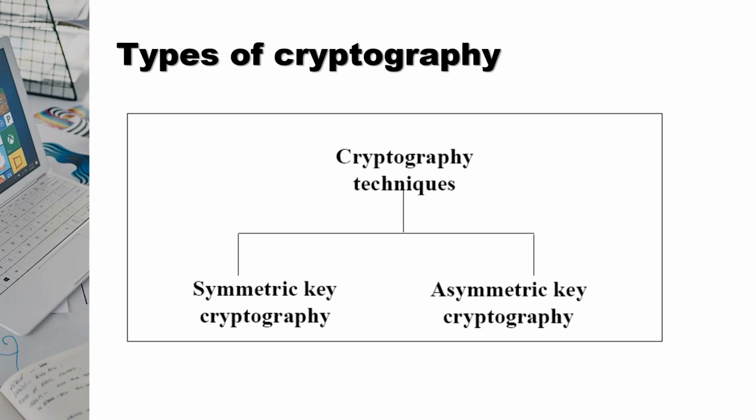Then we also need to see the types of cryptography that we have. There are two main types of cryptography: symmetric key and asymmetric key. In symmetric key cryptography, the same secret key is used for both encryption and decryption.